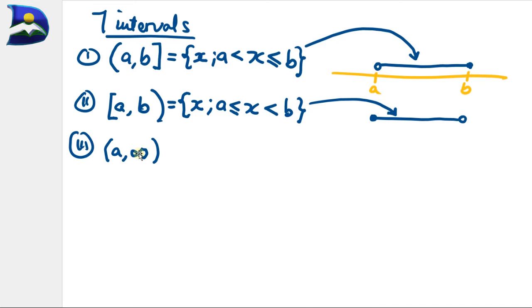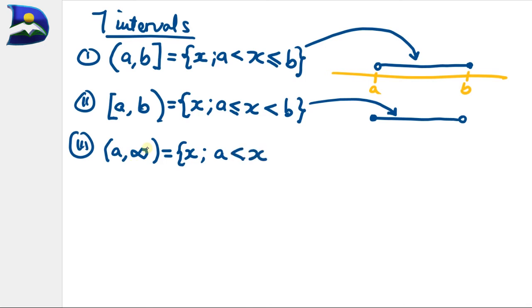So that means when showing our specific outcome, it shows our specific regions on the number line. In this case, our set of x is where A is less than x.